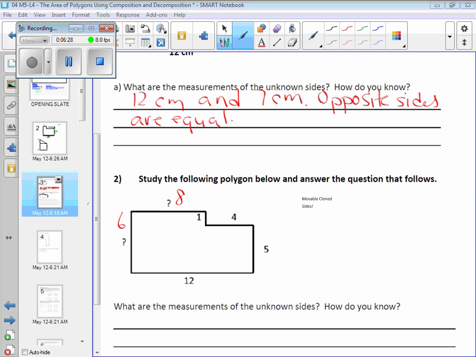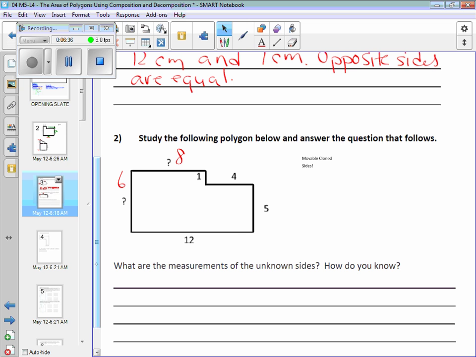Okay. Now, for those of you that did not get it, let me try to explain it to you. This piece right here, the piece that's 6, is a combination of the 5 and the 1. So right away, if I'm trying to figure out the length of this vertical piece, it's a combination of my other 2 vertical pieces that when added together make your 6.